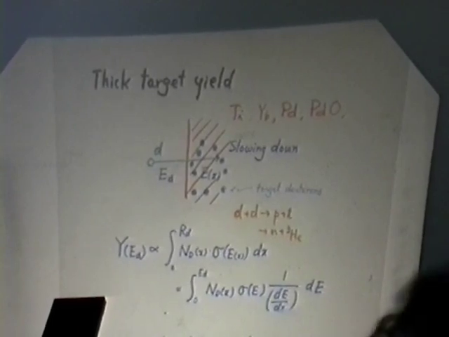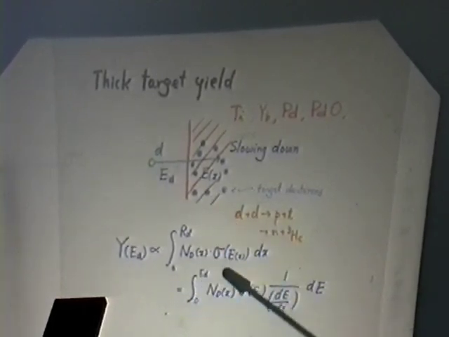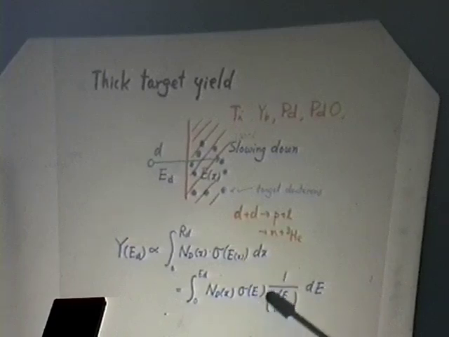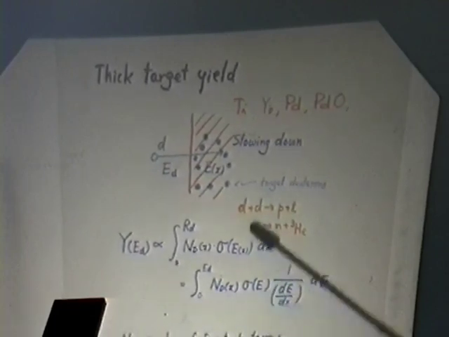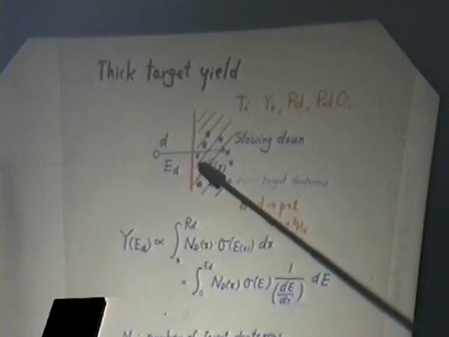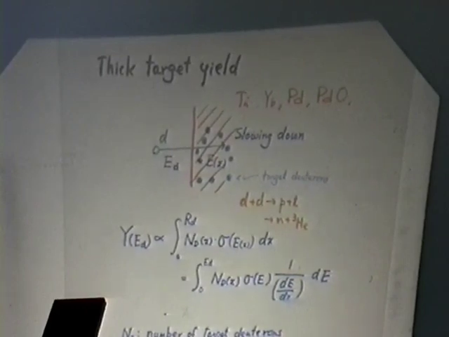Therefore, what we observe is all the integration of the yield for the different energies, like this. And what we need is the number of target deuterons versus depth. And we just assume this is the uniform distribution.